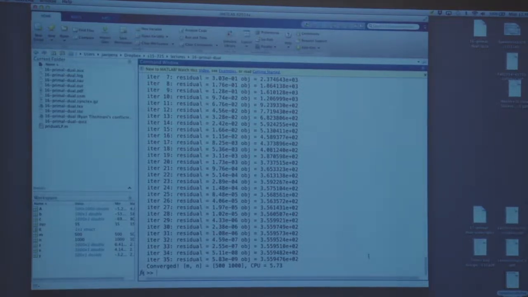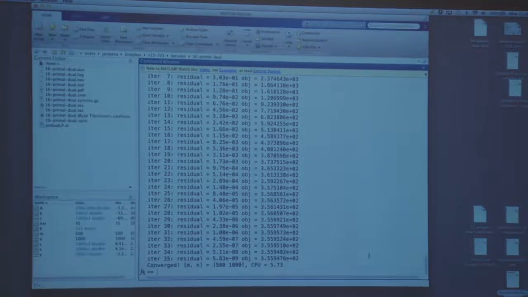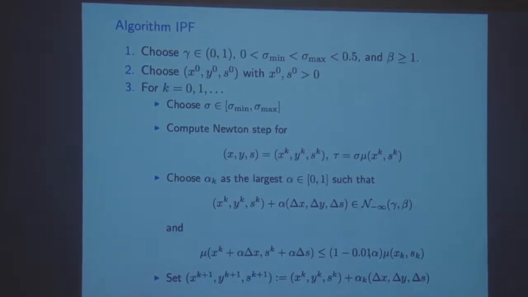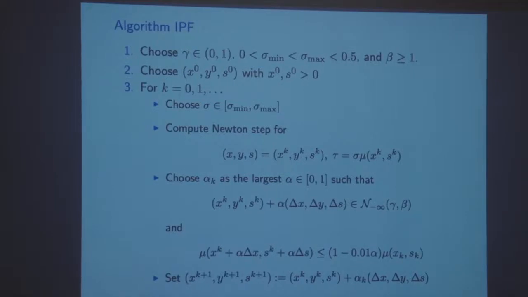All right, so maybe the last thing that I want to say here is, so again, this is a version of the algorithm that would be for infeasible, that doesn't maintain feasibility. So the initial points here, all that we ask about the initial points is that the x and s be positive.